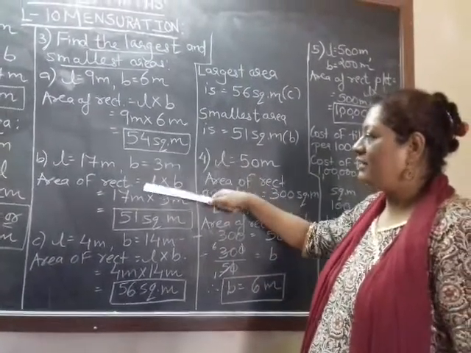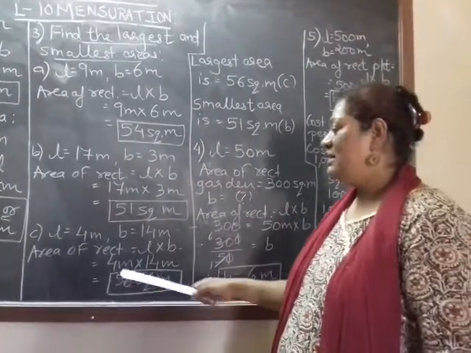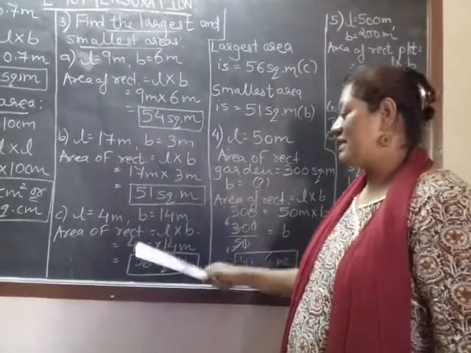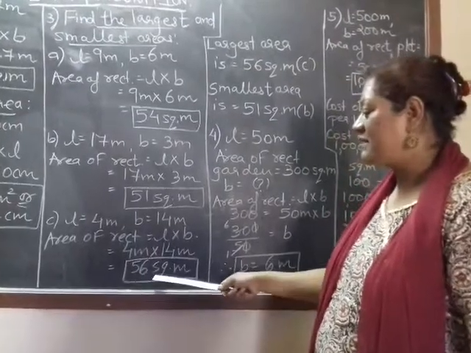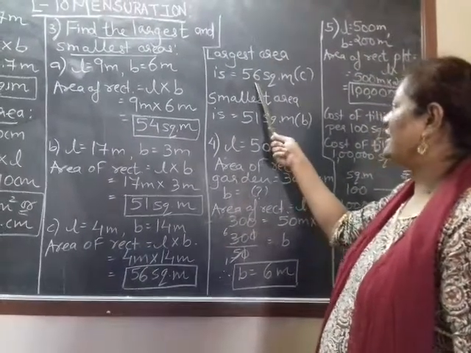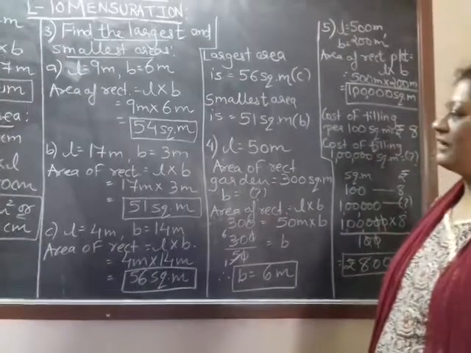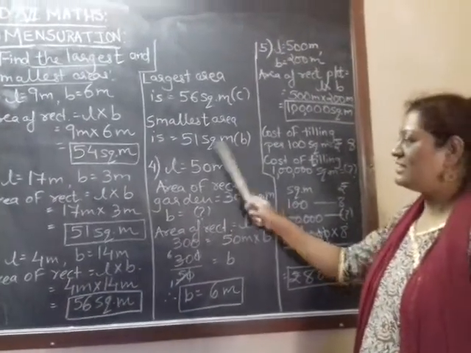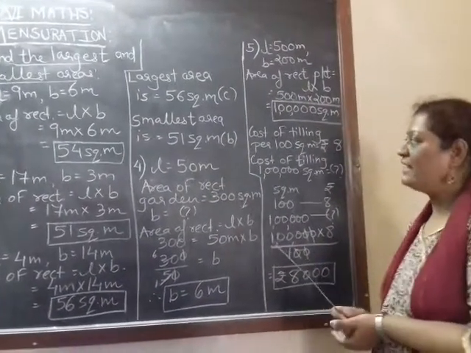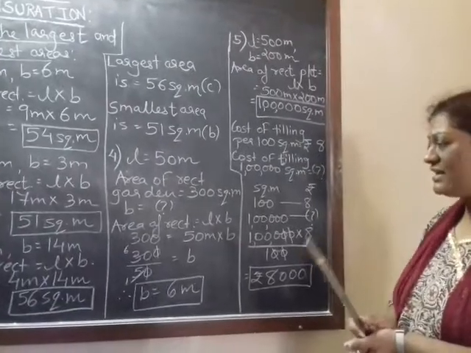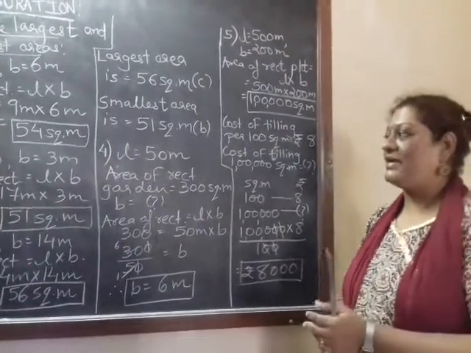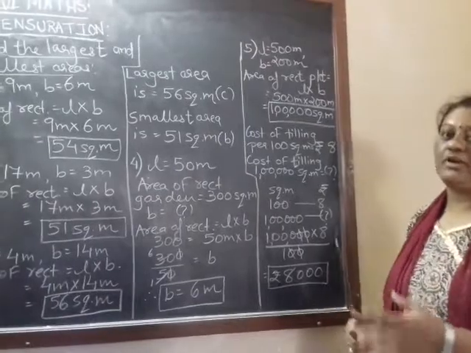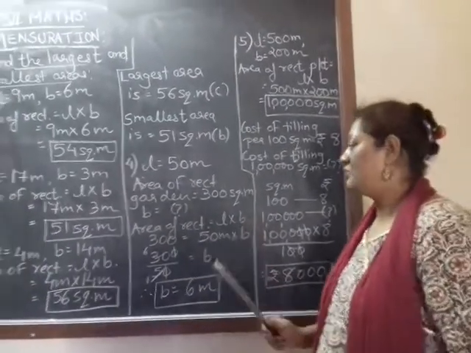After counting the areas, the area of rectangle C is the largest, as the answer is 56 square meter as I had written here, and the area of rectangle B is the smallest, as the answer is 51 square meter. Right? But please do not forget to add SQ before the unit wherever you have an area sum.